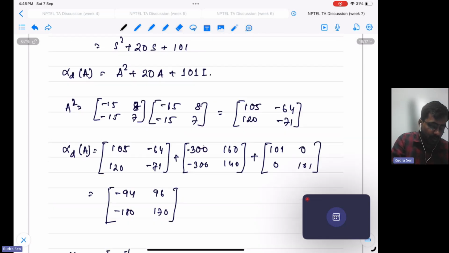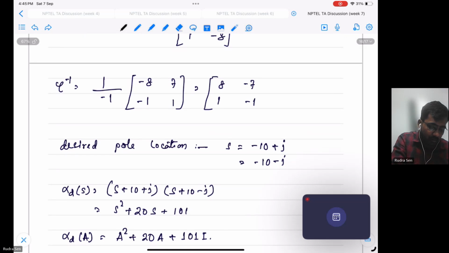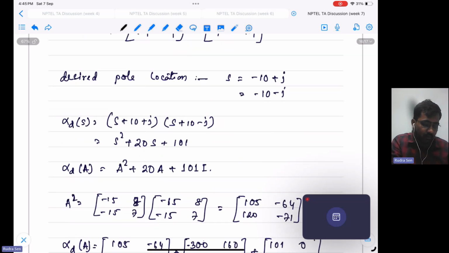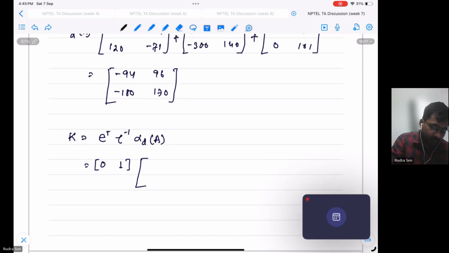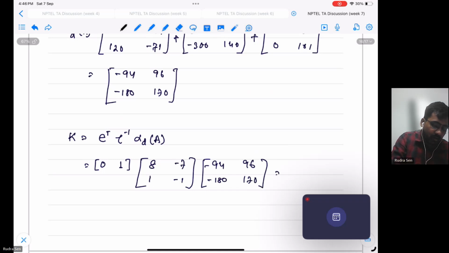C inverse, what is C inverse? 8 minus 7, 1 minus 1. And this is minus 94, 96, 180, 170. And what I'll get?